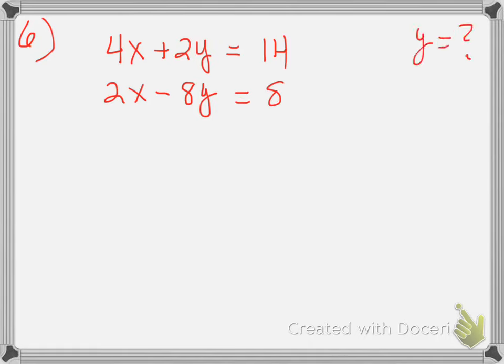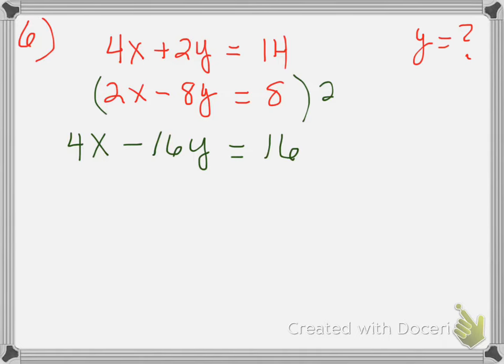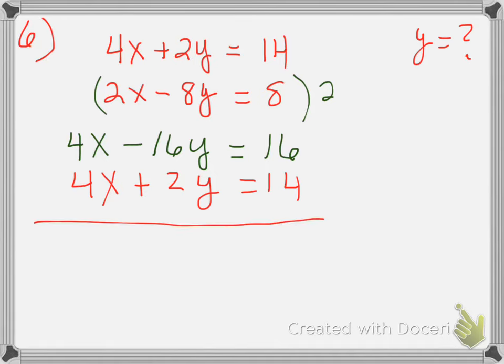So I think what I would do here is multiply this bottom equation by 2 and get 4x minus 16y equals 16. And then I would take that top equation, 4x plus 2y equals 14, and subtract the bottom equation from the top equation.